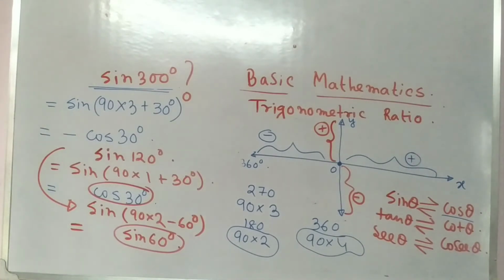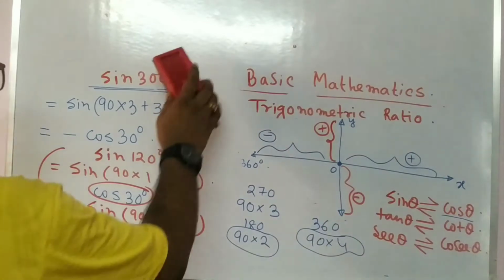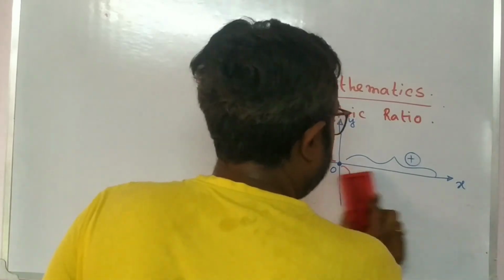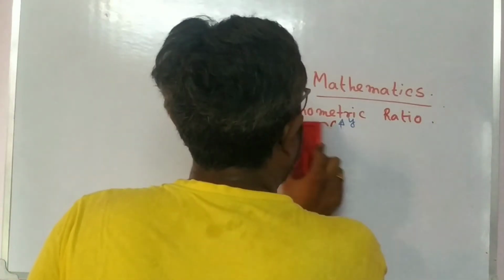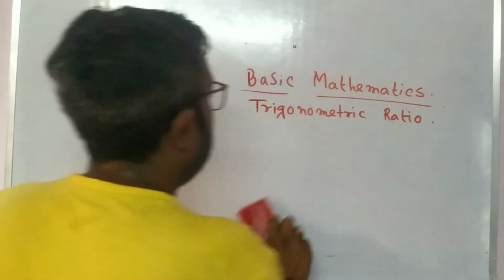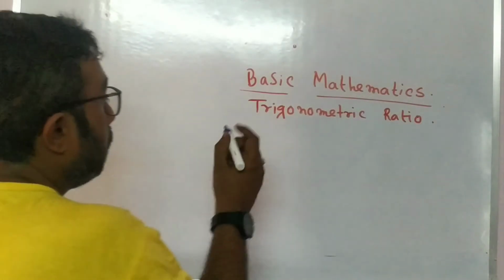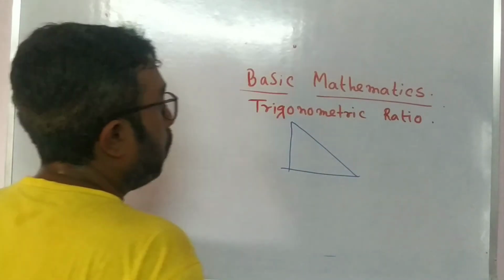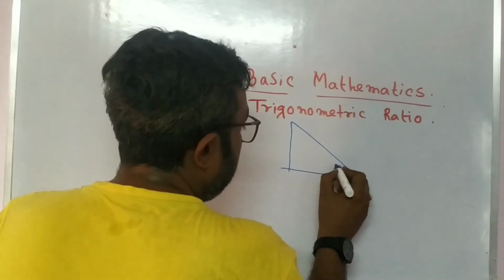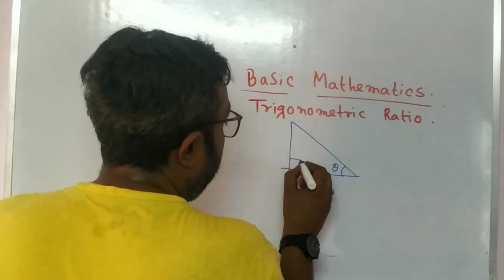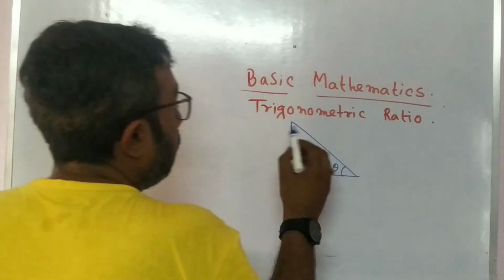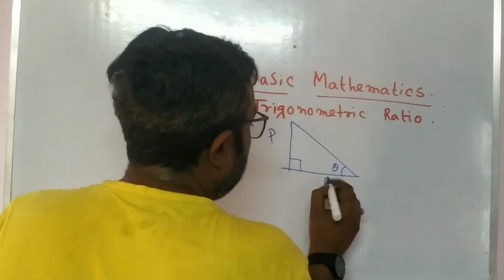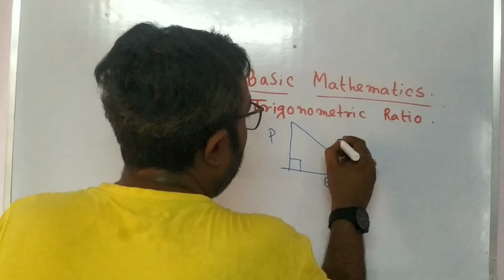Now we need to study some basic trigonometry. That is, you know, this is a right angle triangle. Okay, if this is an acute angle and this is a 90 degree, you call this line perpendicular and this line is called base and this line is called hypotenuse.